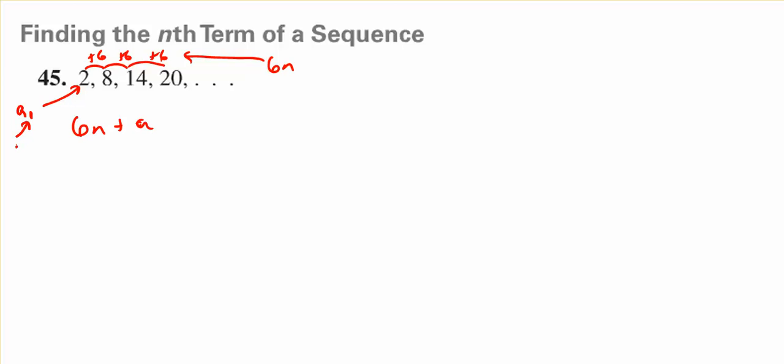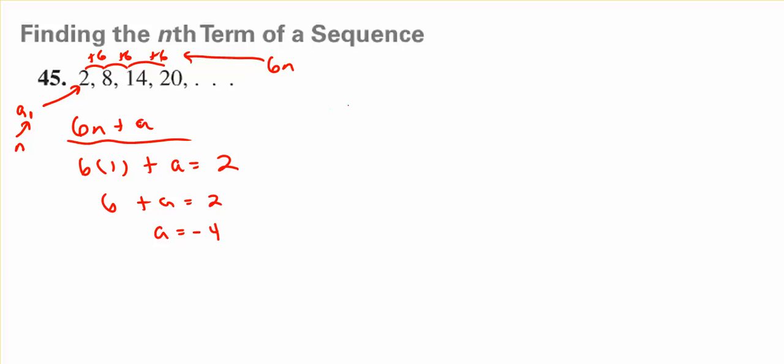So if I let n equal 1, 6 times 1 plus a should equal 2. Now let's simplify and find the value of a. Subtract 6 from both sides. So we find a to be -4. So now I'm saying that my expression for this sequence is 6n minus 4.